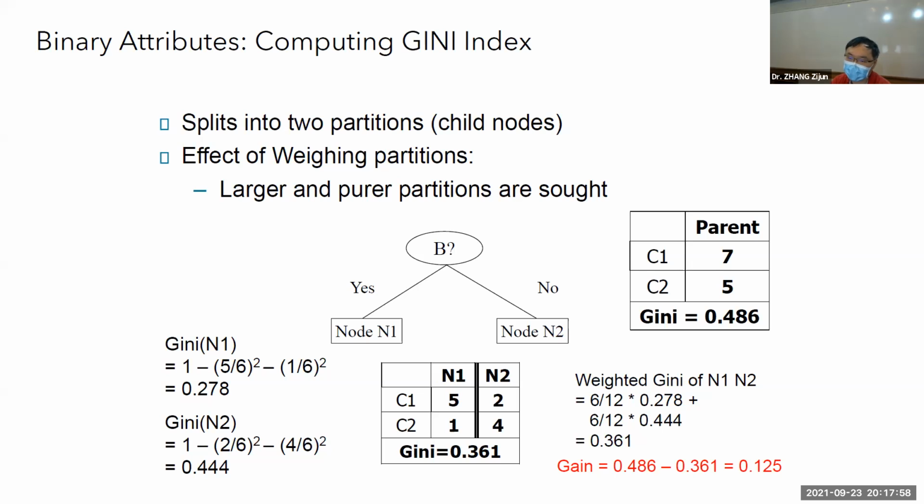We want to seek the partition that makes the nodes purer. Here at the parent stage, the total number of data points is 12, and 7 of them are class 1, and 5 of them are class 2. So we can compute the Gini at the parent, which is equal to 0.486.